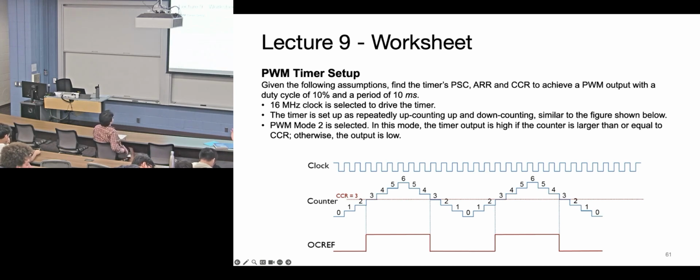This type of duty cycle is 0. Like, really, you would need your CCR to be larger. Let's do a comparison. And then ARR is just how many. CCR.